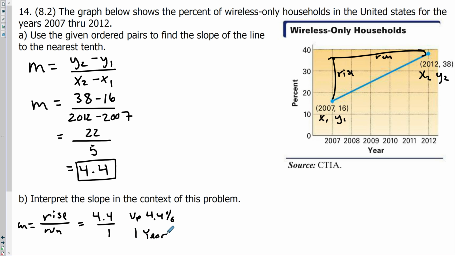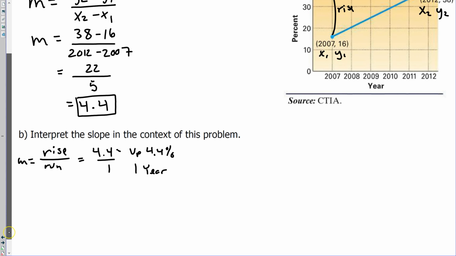Your slope is, write it as a fraction and then figure out what each value represents. So the 4.4 is the percentage increase for us. We went up 4.4% in our wireless only households per 1, which was 1 unit on our x's, which was the year. So now I just need to write that in a sentence.